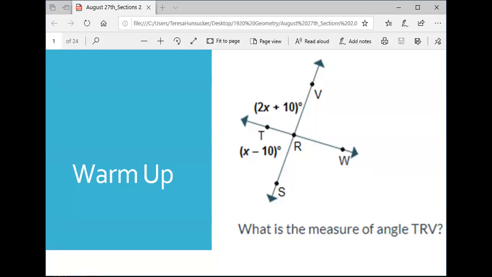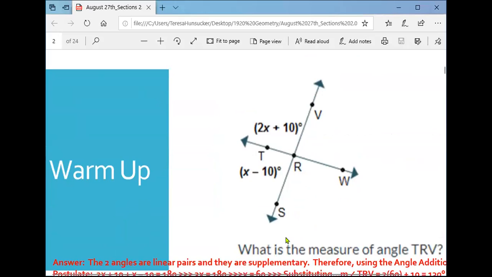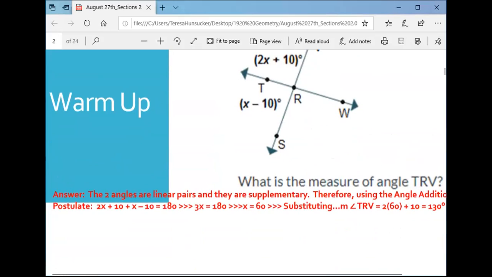Okay, so with that said, you look like you're in pretty good shape. All right, let's take a look. What is the measure of angle TRV? It's 130 degrees. Very good.